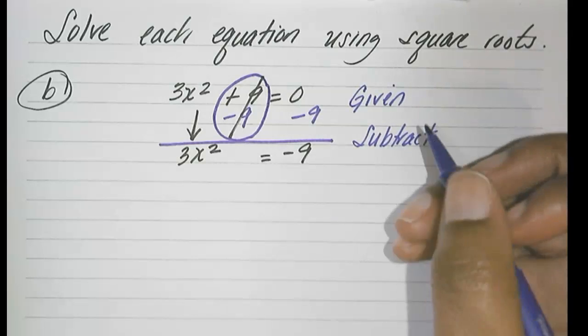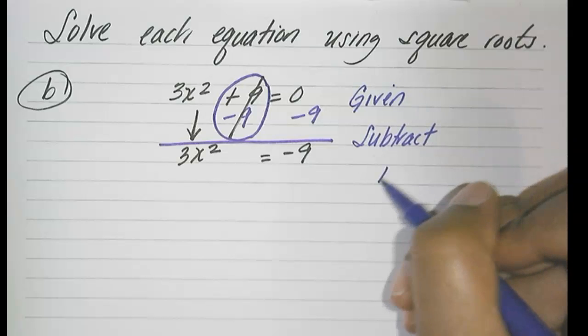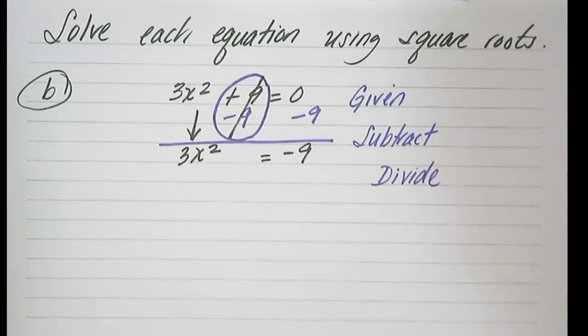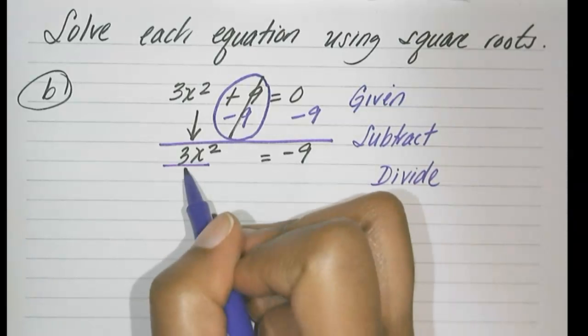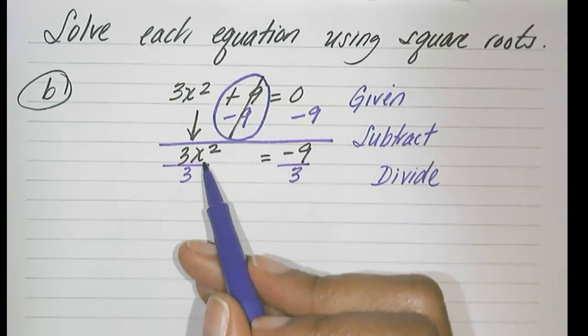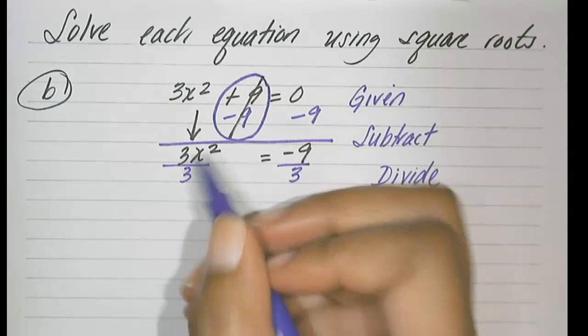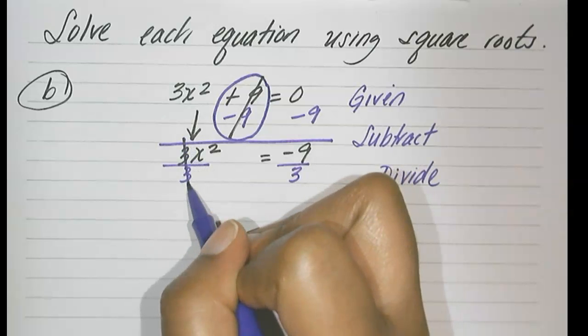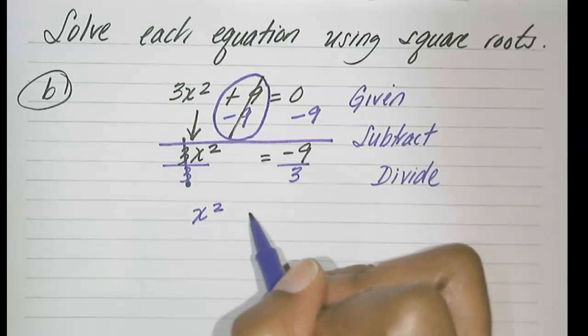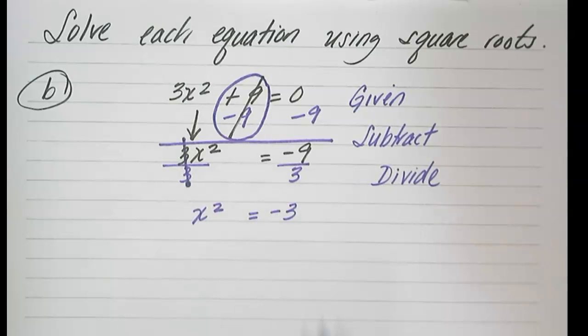So since it's 3 times x, we can do the inverse and divide. We're dividing by 3. Why? Because we need x by itself. 3 divided by 3 is 1. So we're left with x squared equals a negative 3.